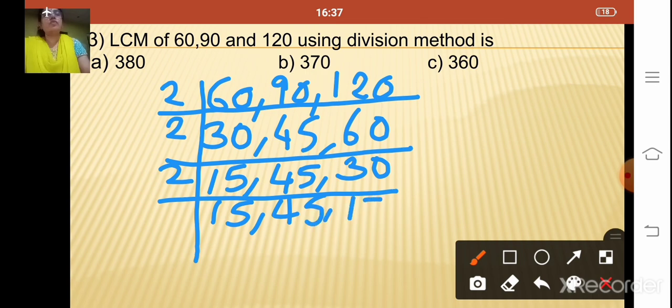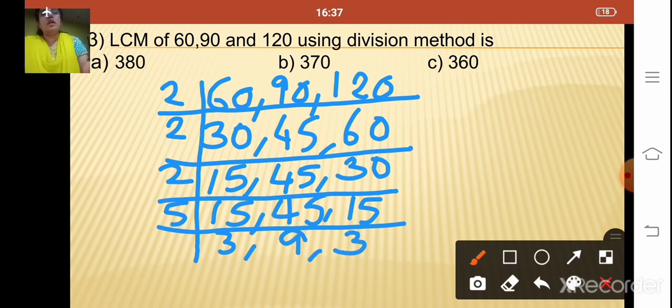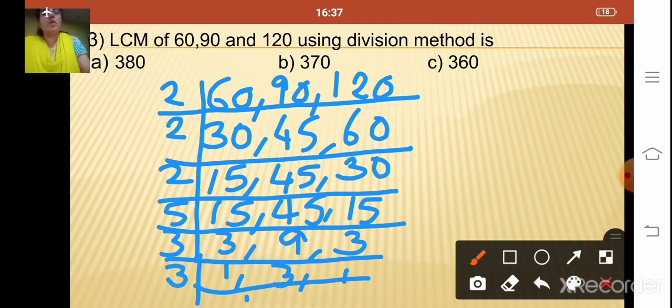Now 15, 45 and 15 is divisible by 5. 5 3s are 15, 5 9s are 45, 5 3s are 15. Again 3 and 9 is divisible by 3. 3 3s are 9, 3 1s are 3, again 3. So we will divide it till all the numbers are reduced to 1.